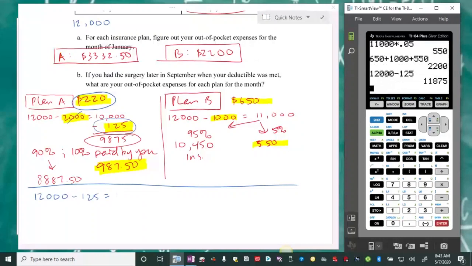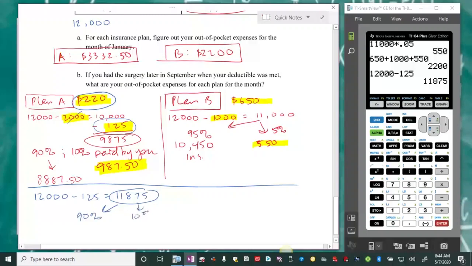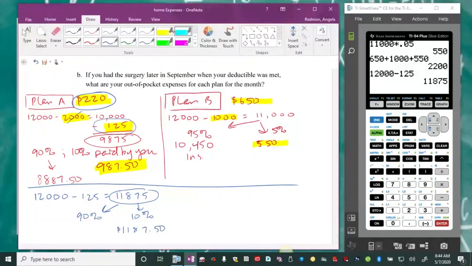That's going to be 11,875. This is my balance now. And for Plan A, 90% gets paid by insurance, 10% gets paid by us. So if I'm just going to move the decimal on this one, that means I'm going to pay $1,187.50. Let me highlight those expenses.